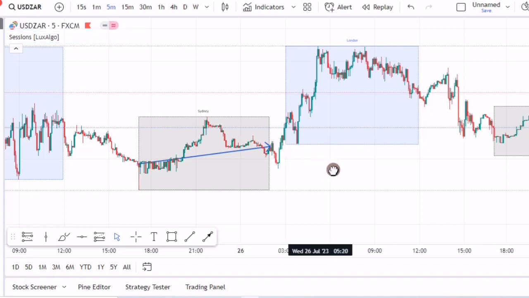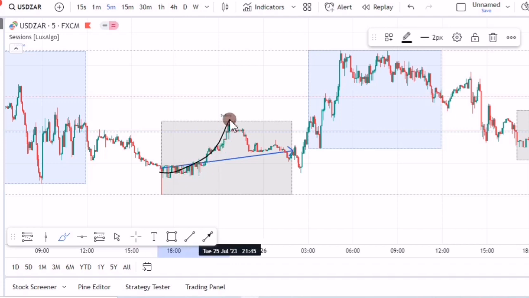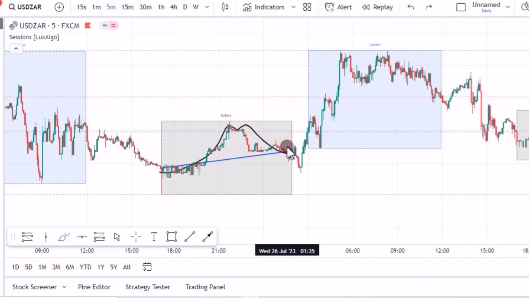And then another thing, if I take a close look, see that from the Sydney session, price started by spiking upwards and then ranged a little bit up there, and then it ended up by dropping. So I know that if I find the buy entry somewhere when price starts reversing there, I should take my profits, because by the end of London, price is going to drop.